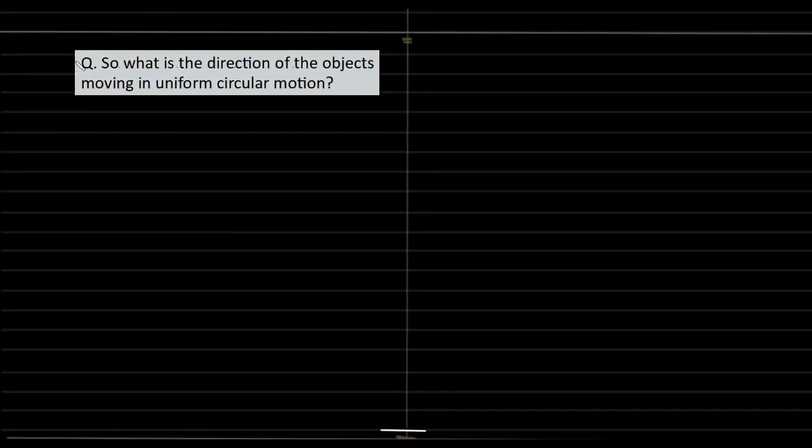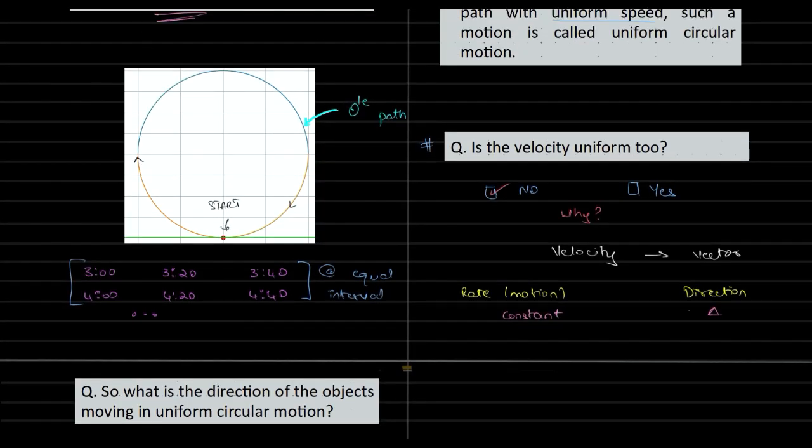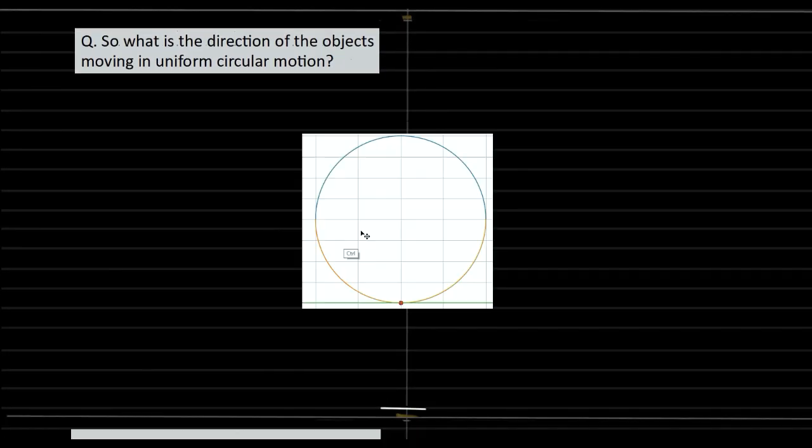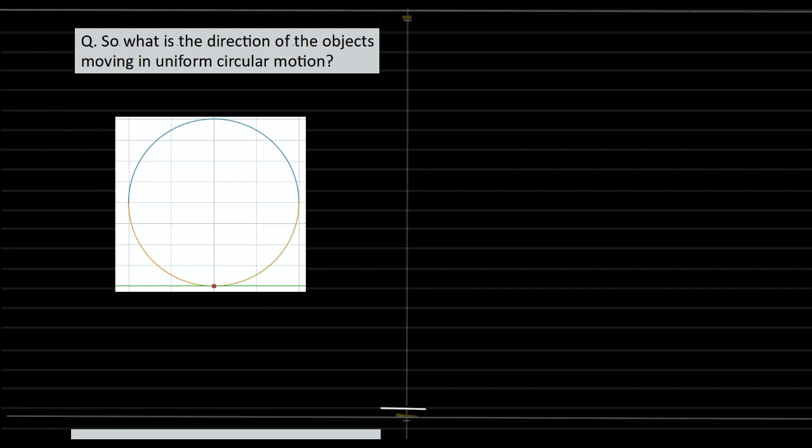So one last question. What is the direction of the object moving in a uniform circular motion? So for that, I'll take the help of this particular picture and, well, the answer is tangential.